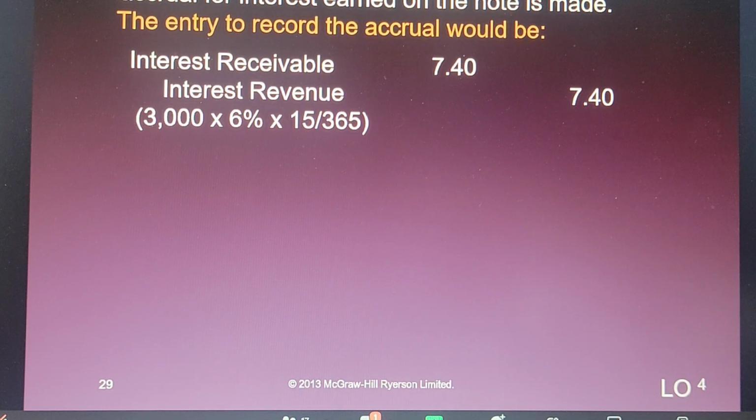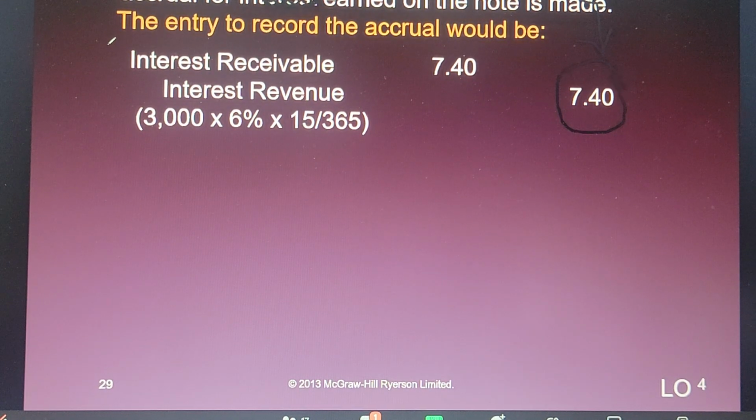As what? As interest revenue. I made interest. You see, I'm recording that I made this much interest in this year. On the 31st, I'm recording making money. I have to record it for this year. That's why I'm doing this entry on December 31st.